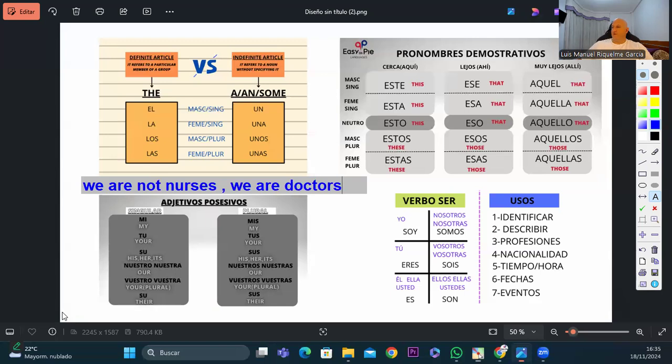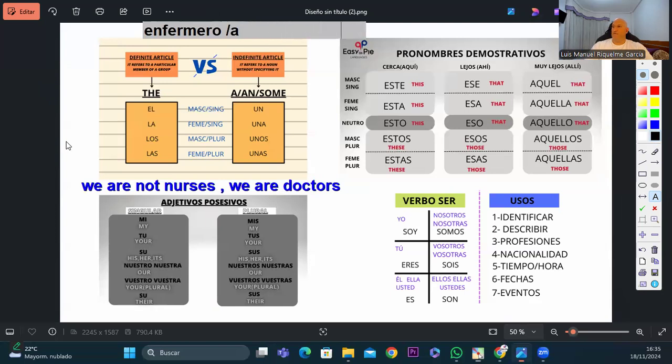First of all, how do we say nurse? I'm going to write it down here on top. We say enfermero if it is a man, or enfermera if it is a woman. And for doctor, you can say doctor or doctora, but it's more common to say médico or médica if it is a woman.